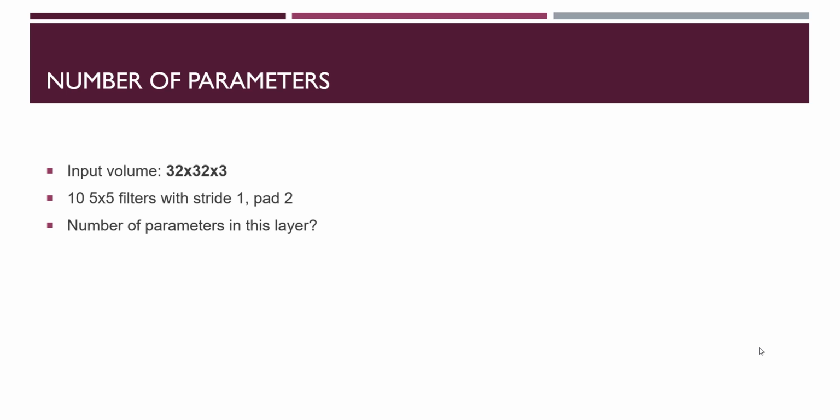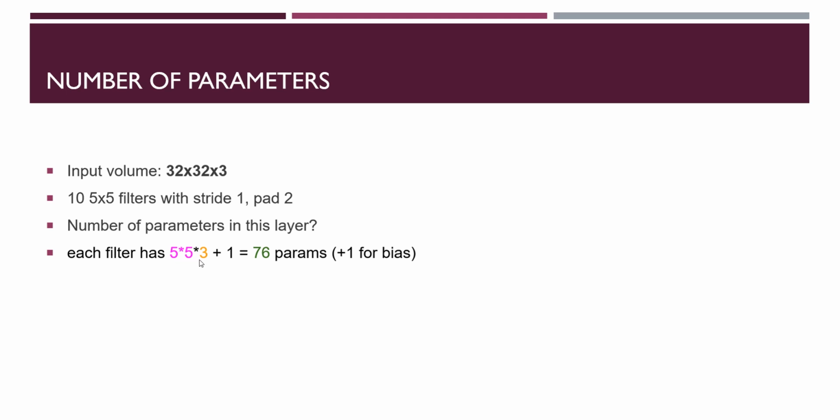So in this case, each of the filter values that we have are nothing but the weights. And what we are doing is we are multiplying it with the inputs. So W times X, the input, plus the bias is the operation we are performing. So the number of parameters is nothing but the filters, the filters are the weights.